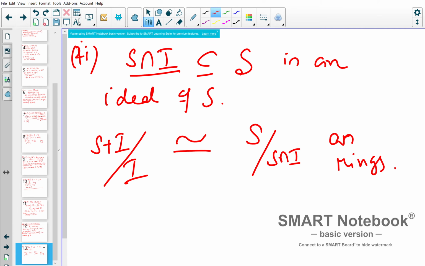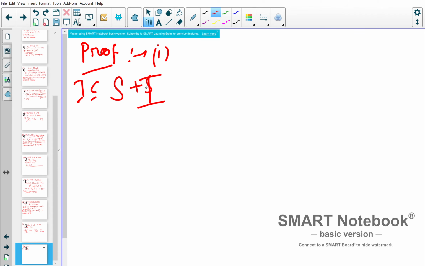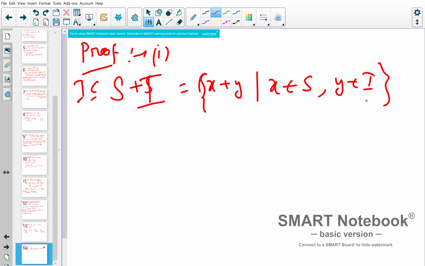Okay, so let me give a proof for this. First of all, I is sitting inside S plus I. S plus I is the set of X plus Y such that X belongs to S and Y belongs to I. I need to show that this is a subring.